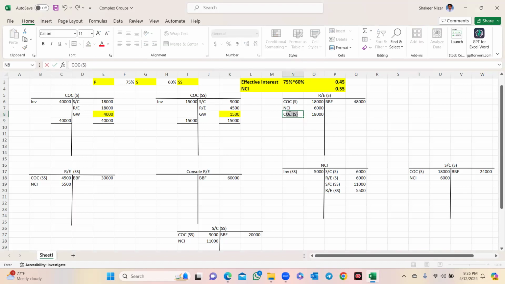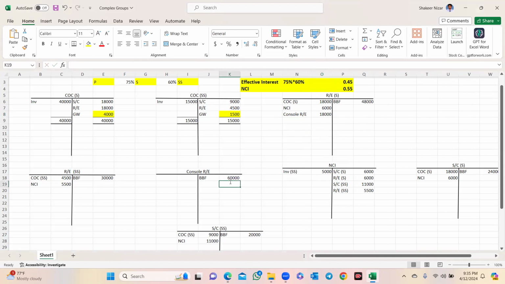So the consolidated retained earnings 18,000, the retained earnings of S. The remaining goes to whom? NCI 25%. This is post-acquisition, right? Not pre. NCI retained earnings of S 6,000. I think it is clear. This is post, right? Right, done.